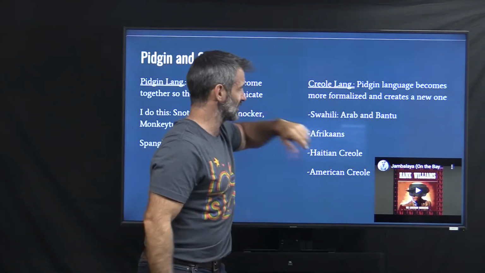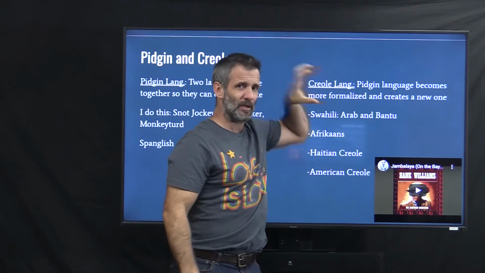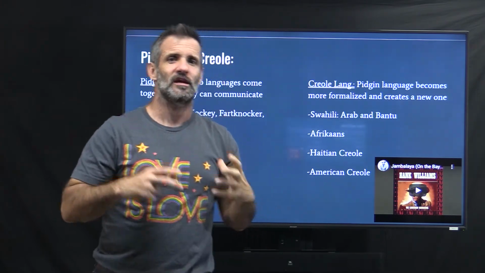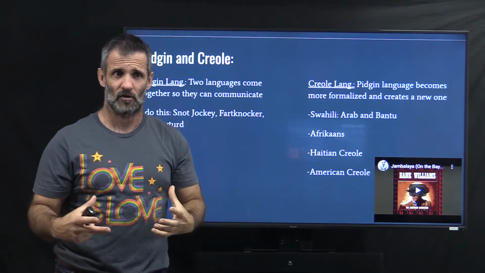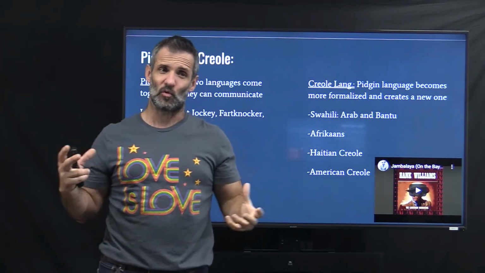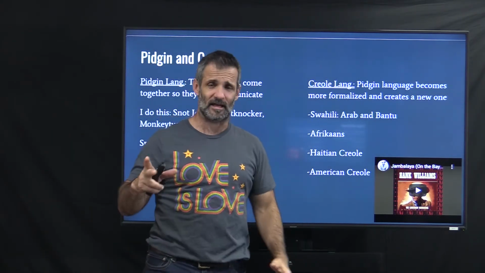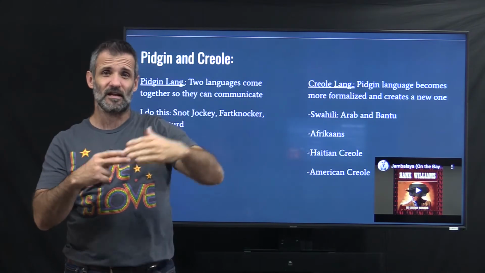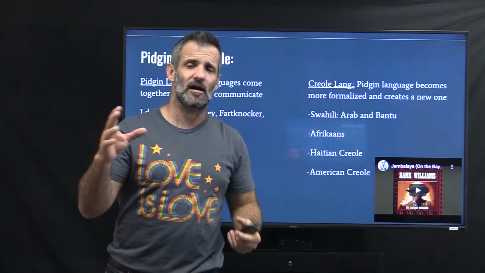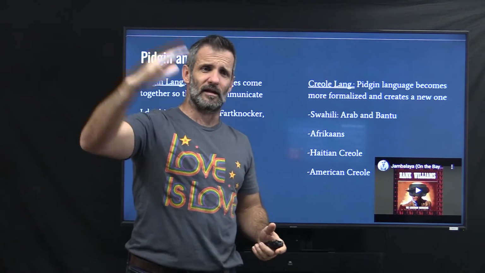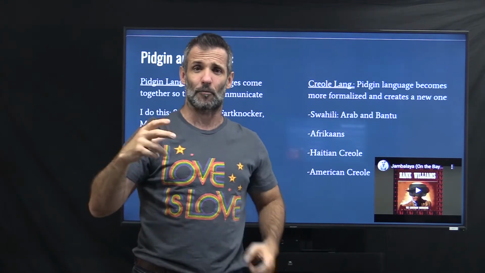Creole language, let's look at this more in depth. This is a Pidgin language that has been used so much that it becomes formalized. It actually becomes its own language. Maybe the biggest, most important one is Swahili. This is in sub-Saharan Africa, and it's a combination of Arabic that came from Northern Africa and the tribal languages focused around Bantu.